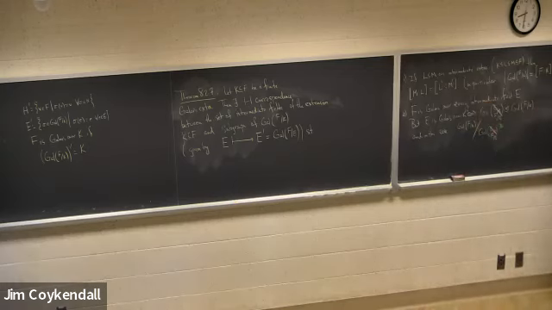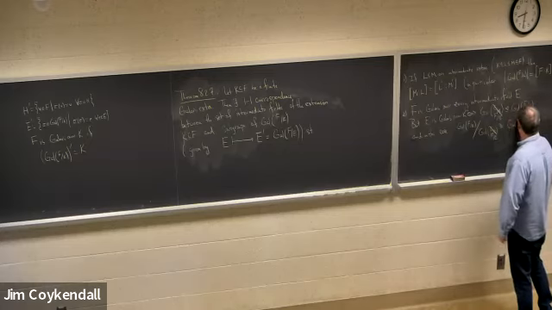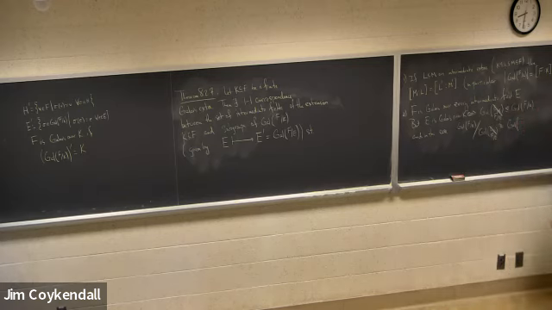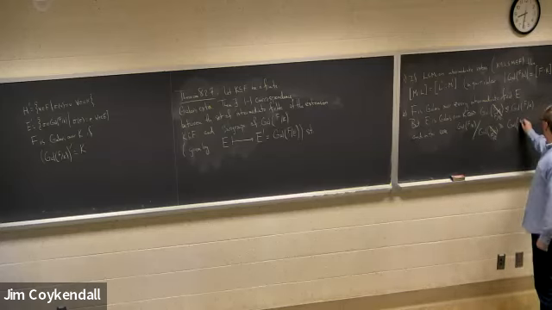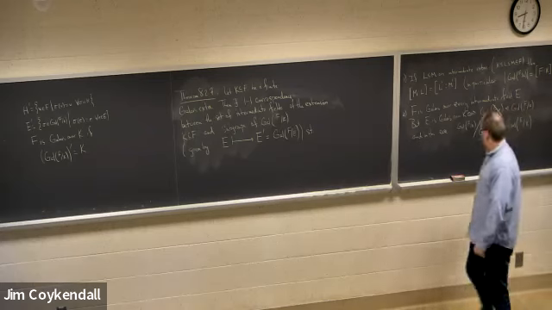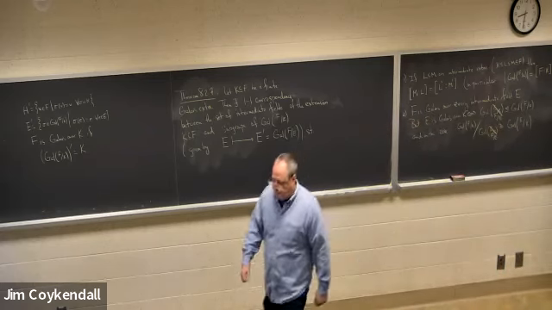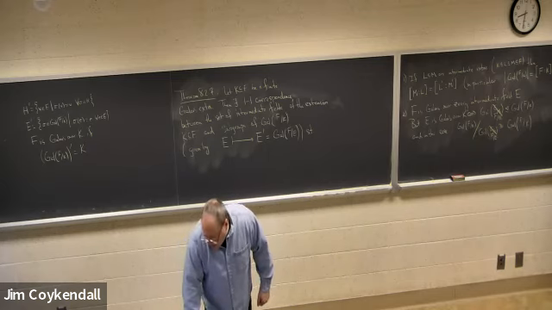Anybody want to guess what this is? E is Galois over K, so it's E over K. It's isomorphic to that quotient. Okay.